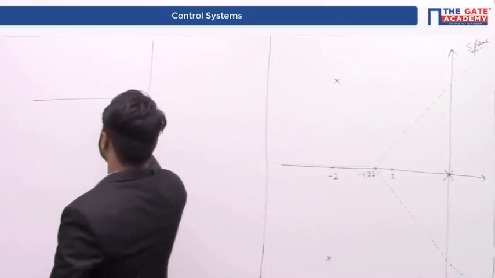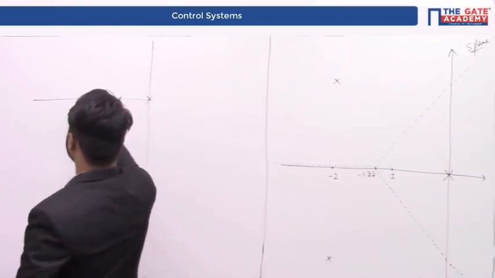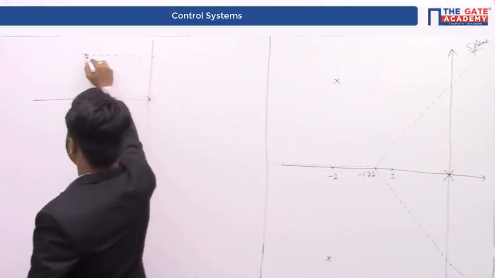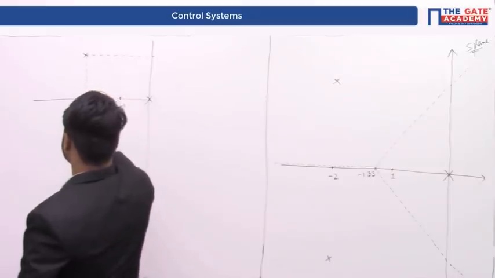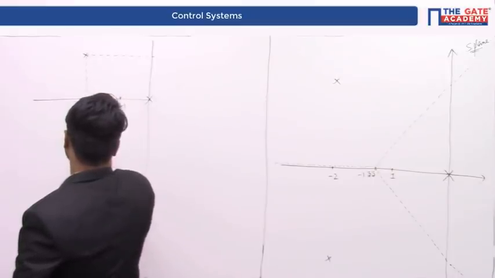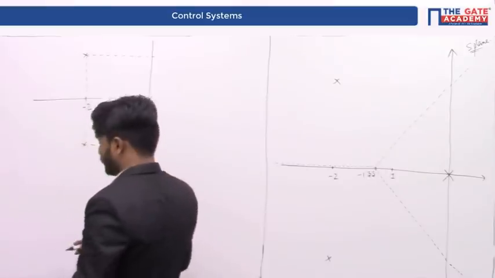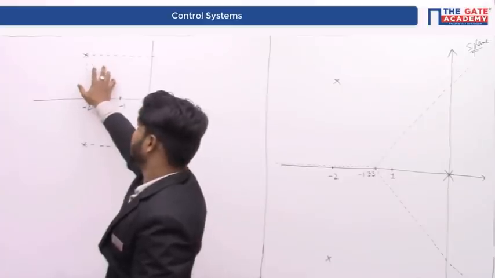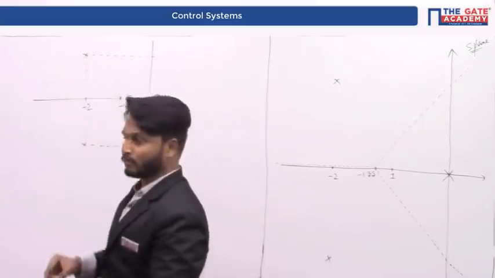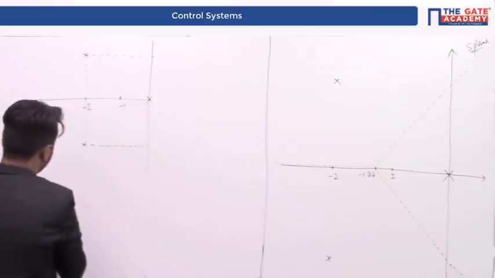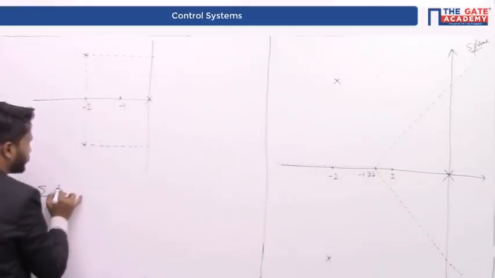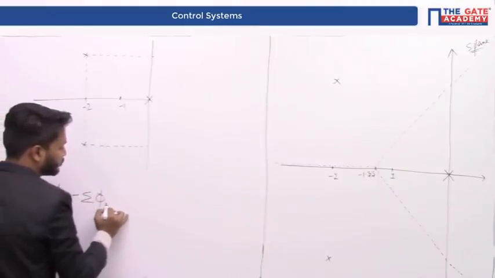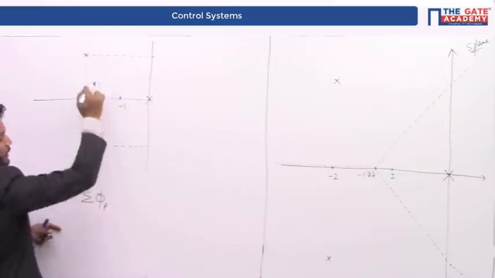Where are the other poles? Minus 2 plus 2j and minus 2 minus 2j. The other poles are here like this. Therefore, in order to find out the angle of departure at this particular pole, you have to find out the phase of the system at this pole. Phase of the system at that pole means summation of angles of elevation because of zeros minus summation of angles of elevation because of poles at this pole.